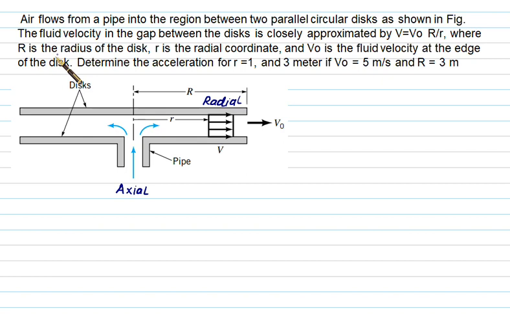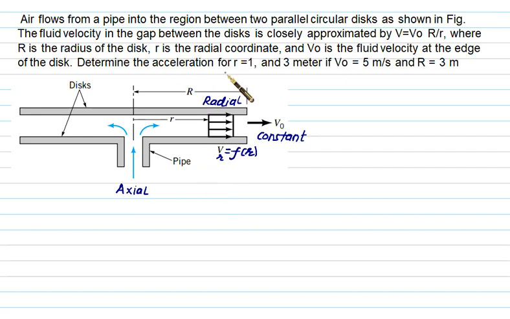Here capital R represents the radius of the disc, and lowercase r is any radius where you are measuring the velocity, measured from the axis. V0 is the fluid velocity at the edge of the disc, so this value remains constant, whereas this value is a function of radius r. We will call this value VR.